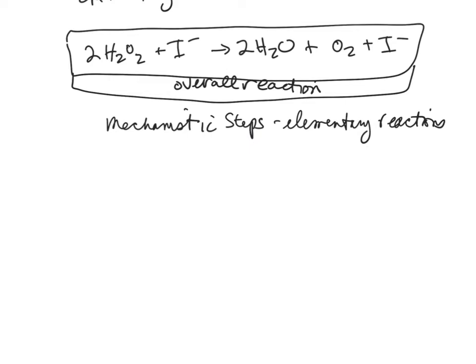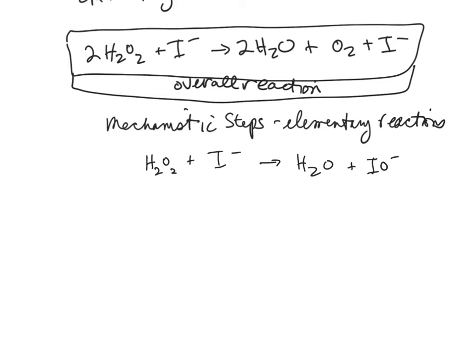So we could say the first elementary reaction or first mechanistic step would be where one peroxide molecule reacts with iodide. Water is formed. If you look at the peroxide, you could see how one oxygen could be expelled there and react with the iodide. And so the other product is IO minus. That is hypoiodite. And so the IO minus that's formed, notice that it is not in the overall reaction, and that's going to be considered to be the intermediate.